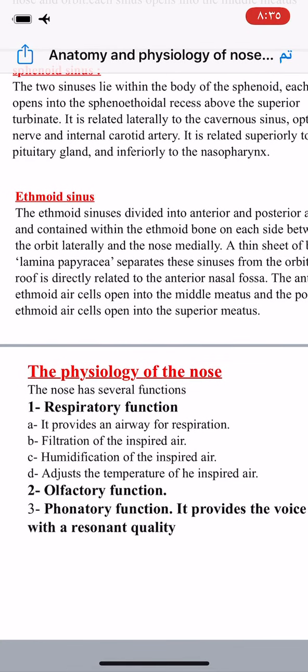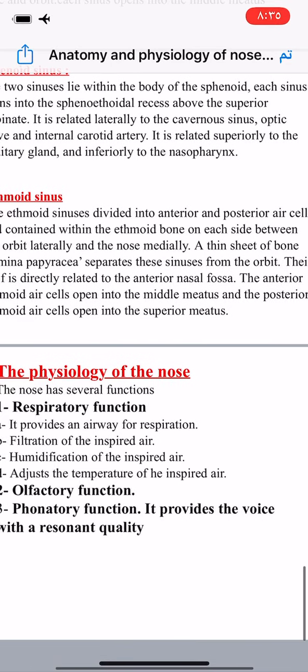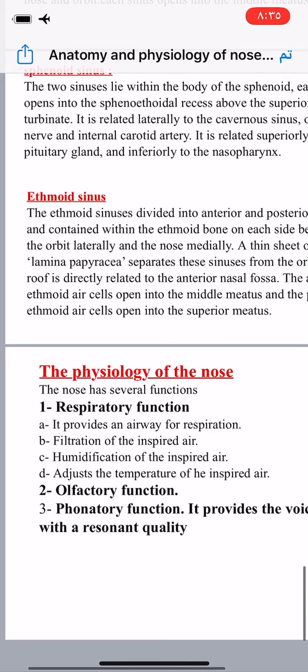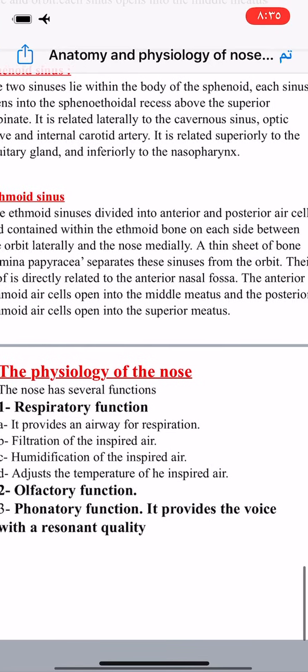Ethmoid sinus. The ethmoid sinuses are divided into anterior and posterior groups and are contained within the body of the ethmoid bone, and each lies on the side of the orbit laterally and the nose medially.